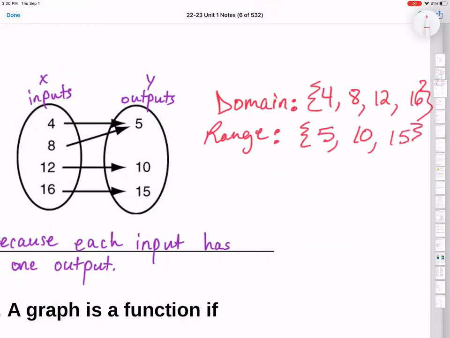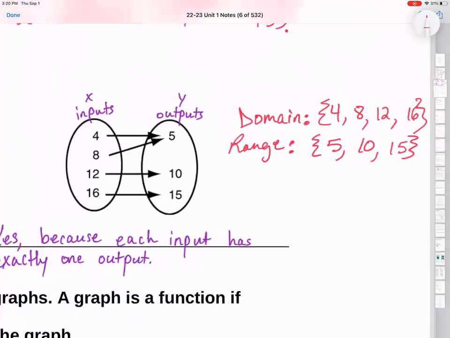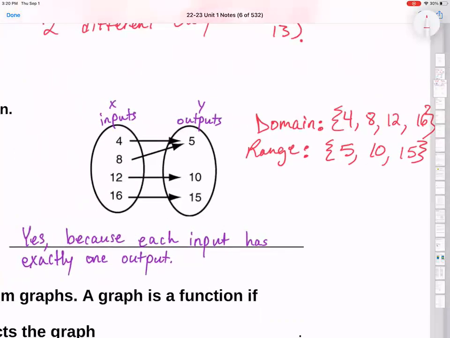You don't need to repeat the 5 because it's already there. You're going to be determining whether it's a function or not, and then basically stating the domain and range on your homework questions and test questions. If you did not have this jotted down, I would definitely pause the video and jot those down.